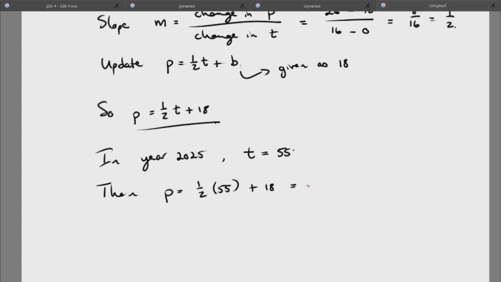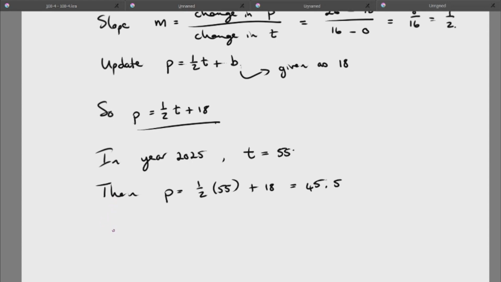Can't do everything. You're like, sure you can. What do you get? Sorry? 45.5. Sorry, that looks like a colon. Okay, wait. So that means we write a little concluding sentence.